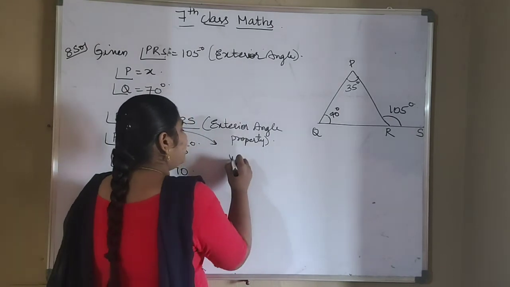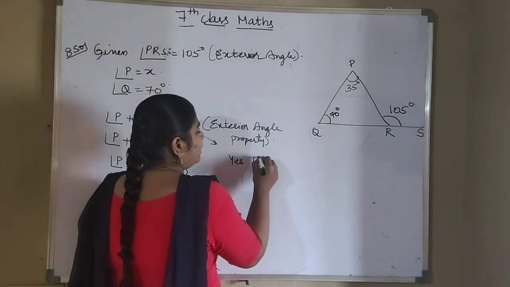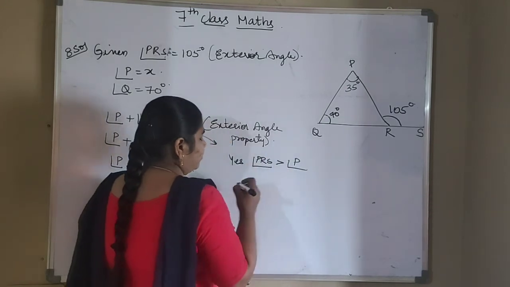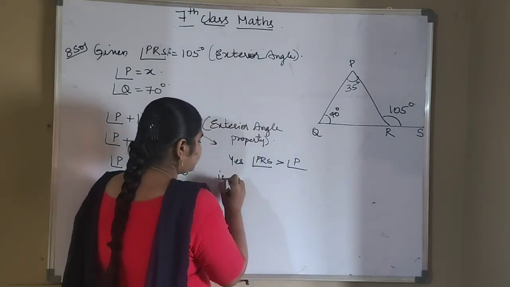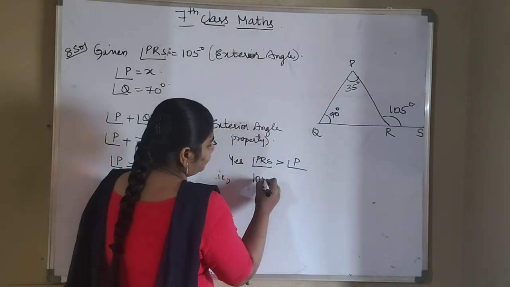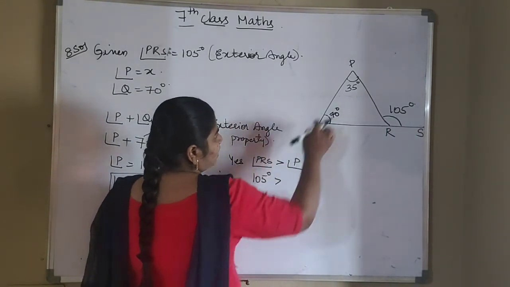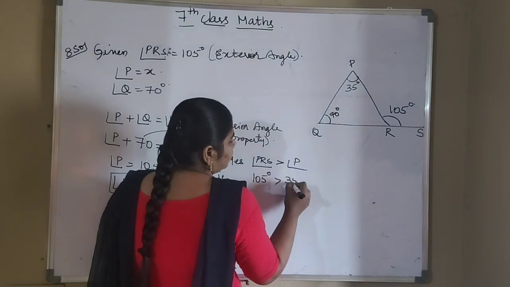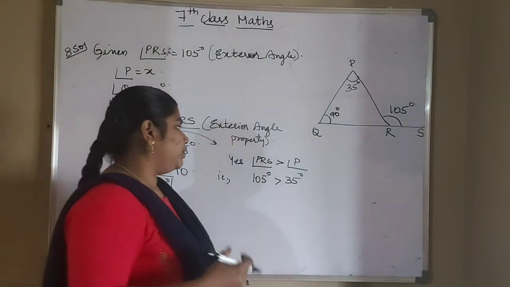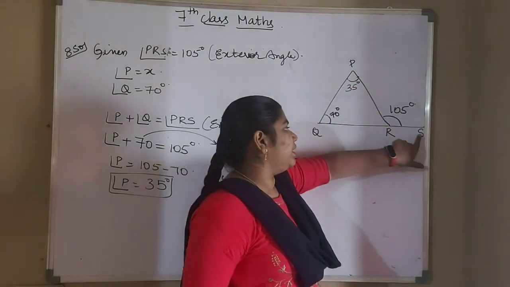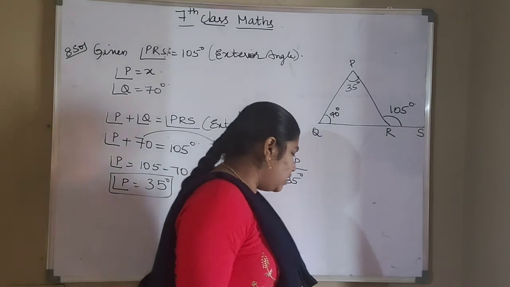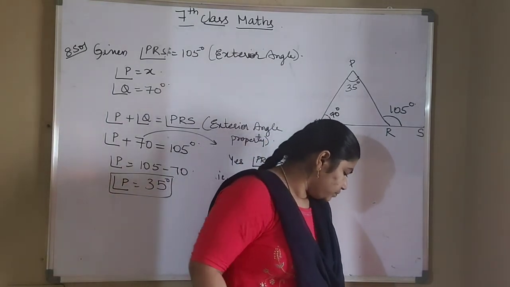So what you will write here is angle PRS is greater than angle P. That is, angle PRS is how much? 105. Angle P is how much? 35. So 105 is greater than 35. So yes, angle PRS is greater than angle P. So this is our 8th solution.